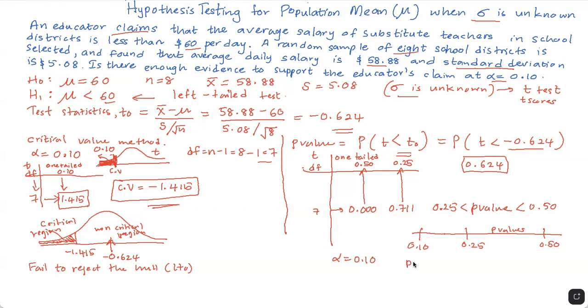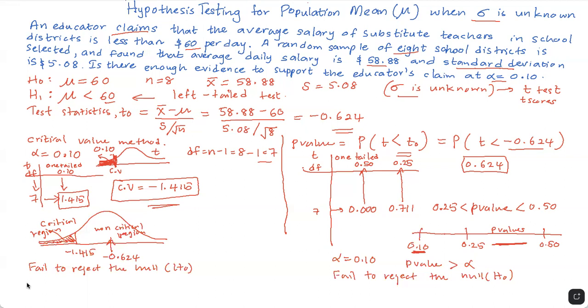So your p-value is greater than your alpha, because alpha is over here and the p-values are between 0.25 and 0.5. Since the p-value is greater than alpha in this testing, we fail to reject the null.